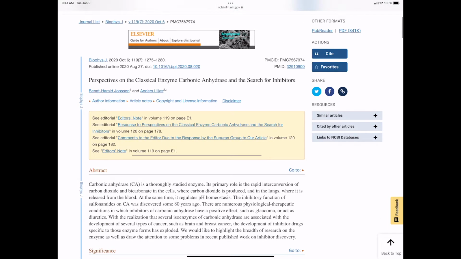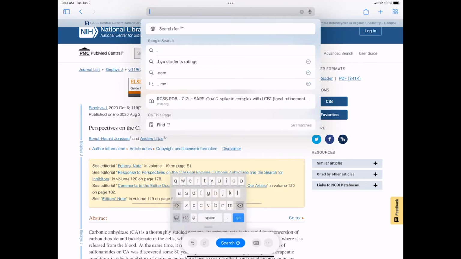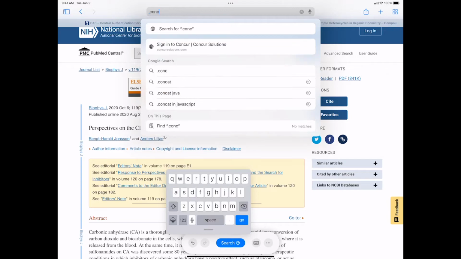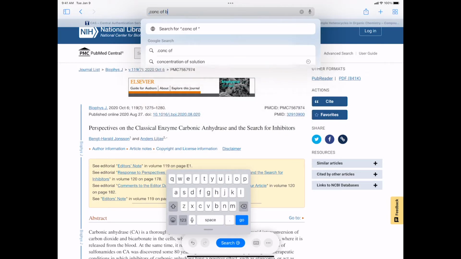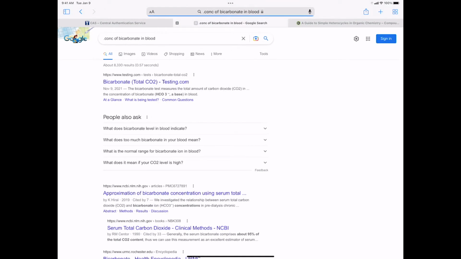So what is the concentration of bicarbonate in blood? Anybody know? It's pretty low. I don't know what it is off the top of my head. Concentration of bicarbonate in blood. I just want a number.